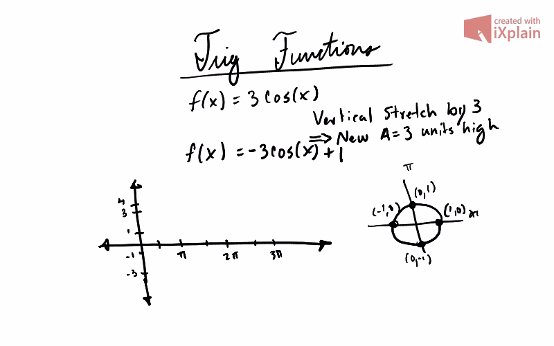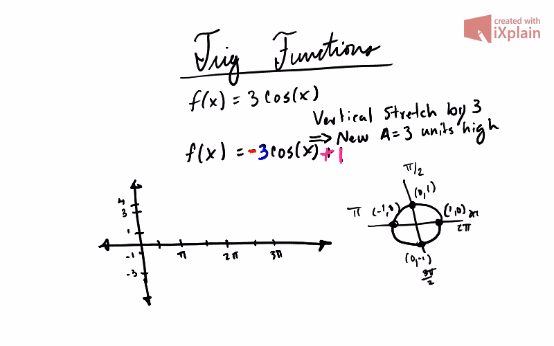Then up here we have pi halves for the rotation, pi, 3 pi halves down here, or 270 degrees, and 2 pi. Now, what we're plotting, I'm going to do in steps. The blue one is going to be multiplied by 3. The one that looks like that will be a negative. And then the final one, which we'll call the pink, will add 1. So we'll move everything up 1.